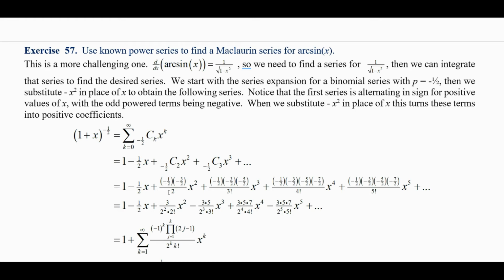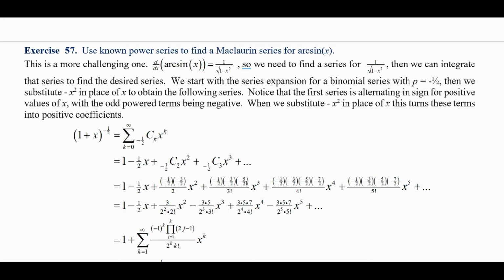So you got 2 factors there. Here you got 1 times 2 in the bottom. So that reduces to basically 1 times 3, and we get 2 squared, and then this 2 factorial. All right, then the next term, you get negative 1/2 times negative 1/2 minus 1 times that minus one other 1.